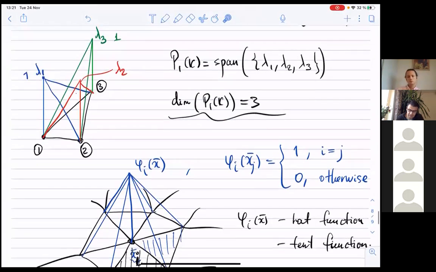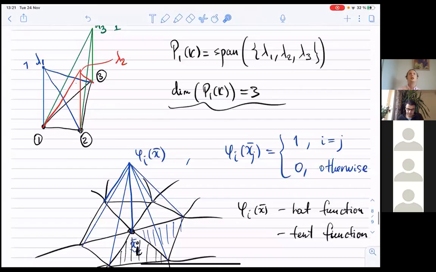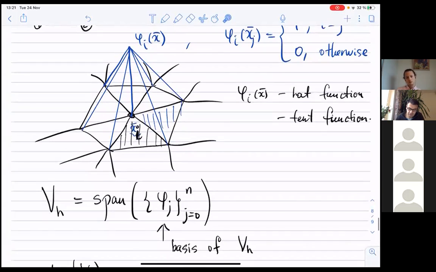Of course, this is the usual Lagrange basis function inside the triangle. And so on. For every node, we construct this kind of basis function. These are sometimes called tent functions. And one can show that a linear combination of all these basis functions defined on the nodal points constructs our space.